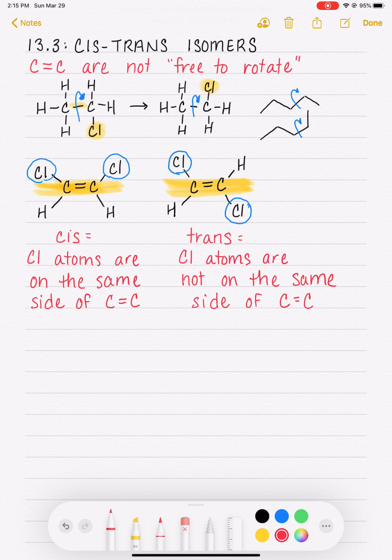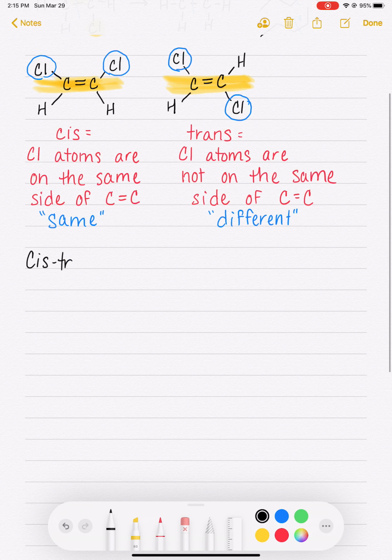Cis, in general, means same, where trans means different. Again, referring to the chlorine atoms being on the same side or the chlorine atoms being on a different side. Cis-trans isomers are two molecules that have the same formula.